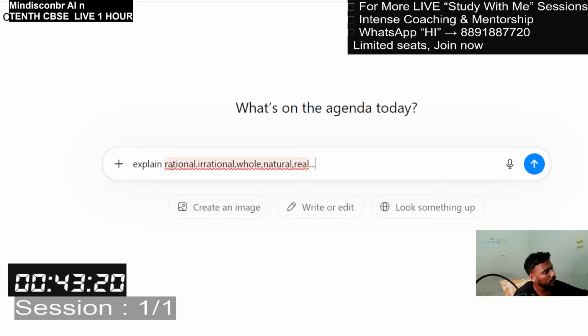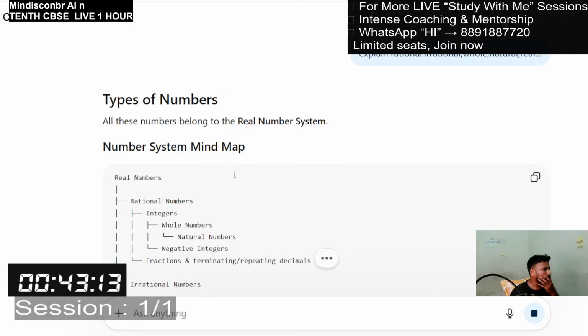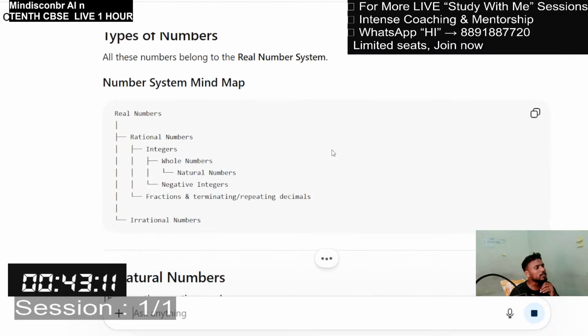Example. Types of numbers. All these numbers belong to the real number system.